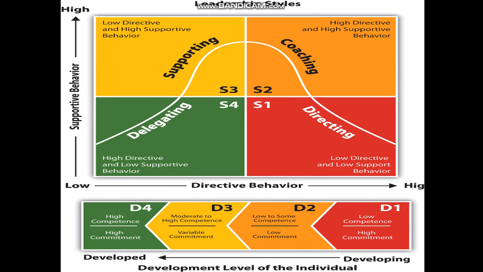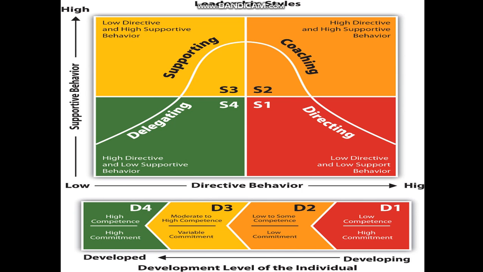Then below that, the development level of individual, from developing to developed. D1 is developing and the fourth one D4 is developed. D1 low competence and low commitment. Then D2 low to some competence and low commitment.